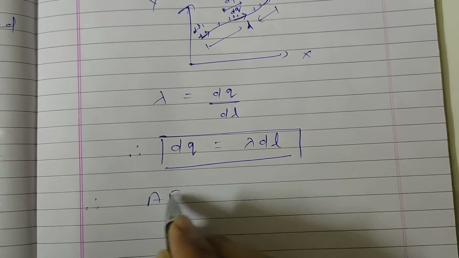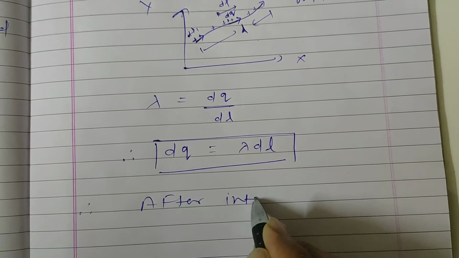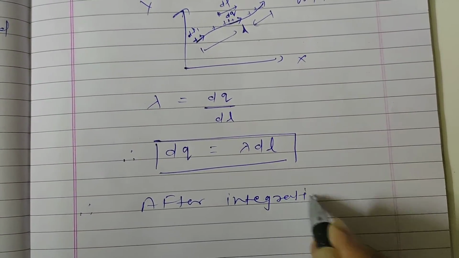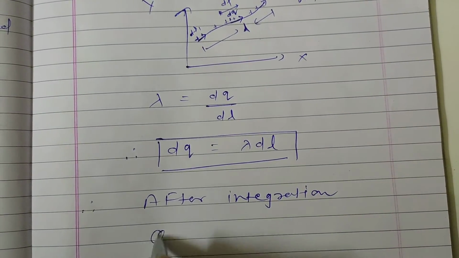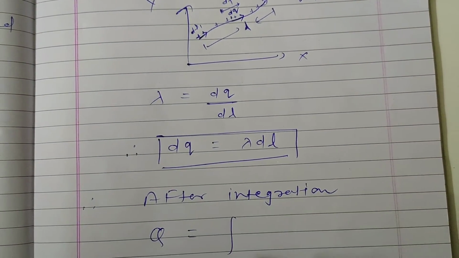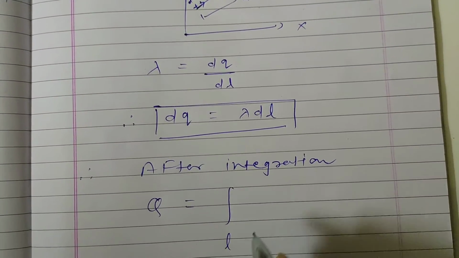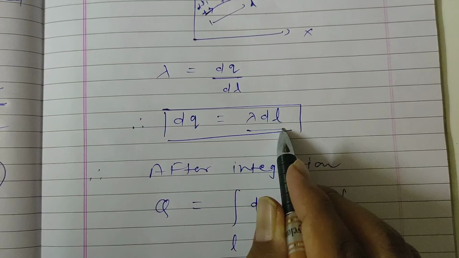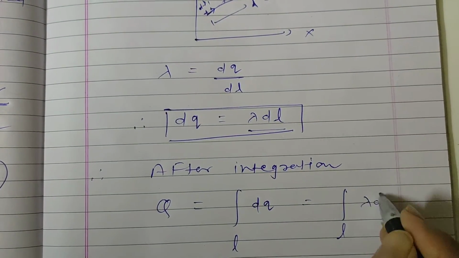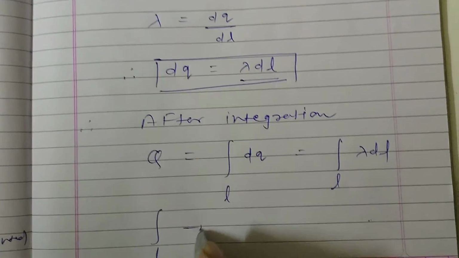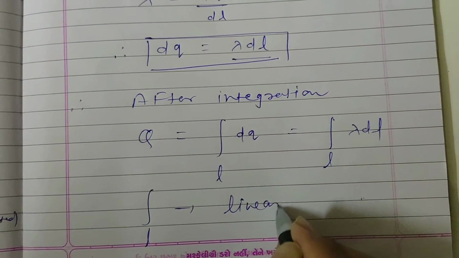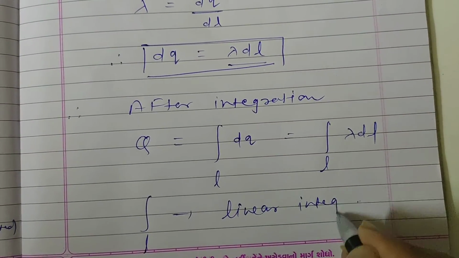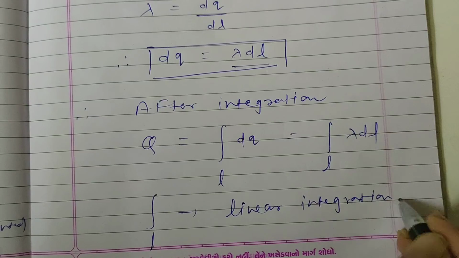So after integration, the total charge on a linear object can be written as integral over L of dq, and as dq is lambda dl, it is integral over L of lambda dl, and integration over L is known as linear integration. Which type of integration? Linear integration. That's it.